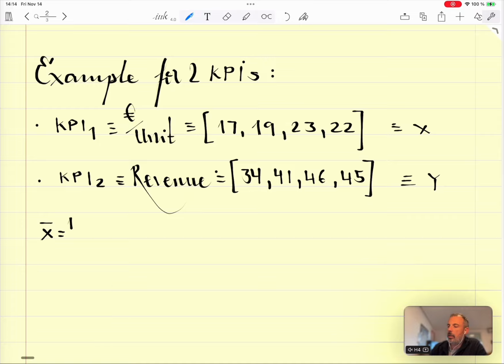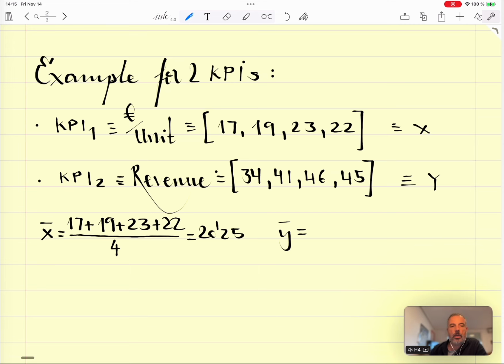For that we first need the mean value for x and for y. For y, 34 plus 41 plus 46 plus 45 divided by 4 is 41.5.